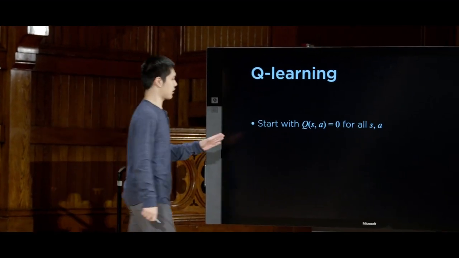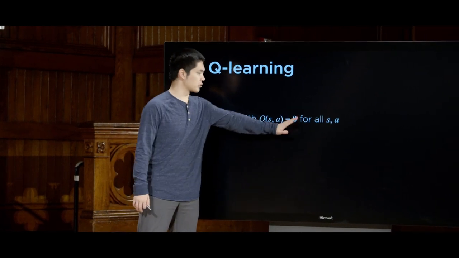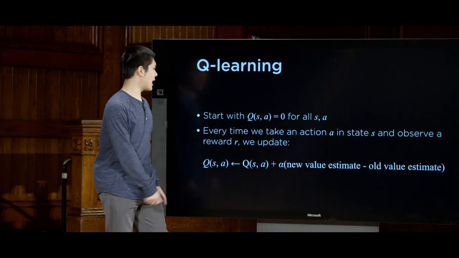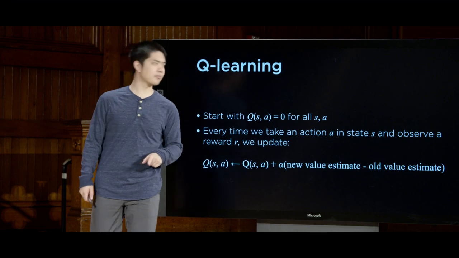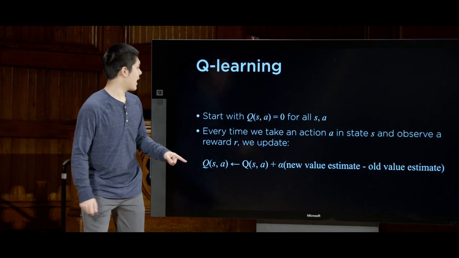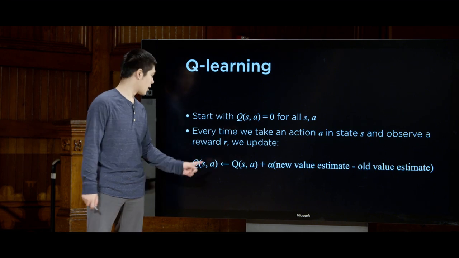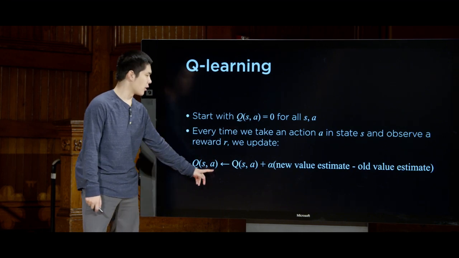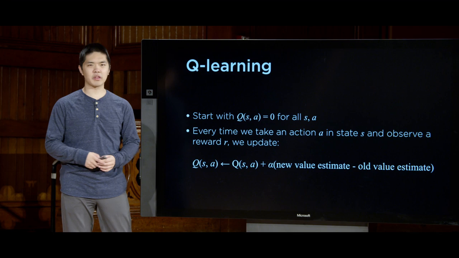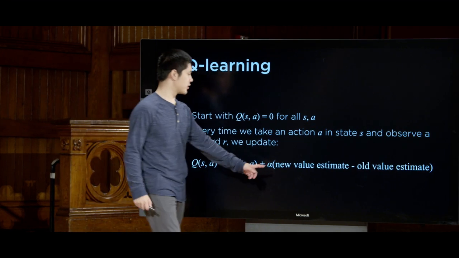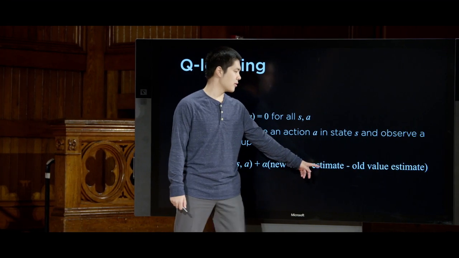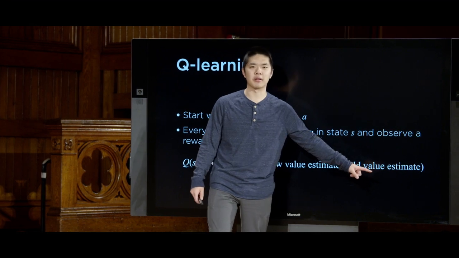We're going to, again, start with Q(s, a) being equal to 0 for all states. And then every time we take an action a in state s and observe a reward r, we're going to update our estimate for Q(s, a). And the idea is that we're going to figure out what the new value estimate is minus what our existing value estimate is.